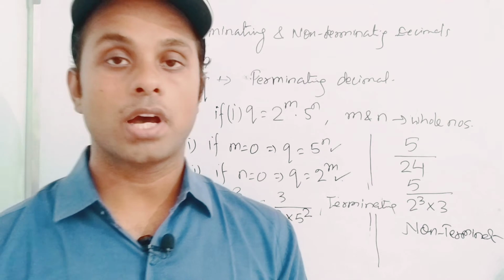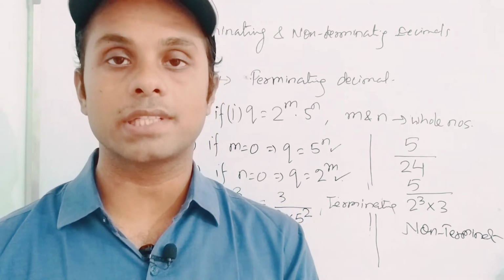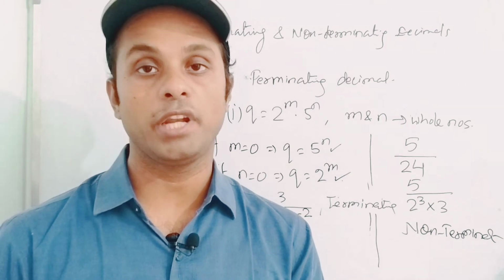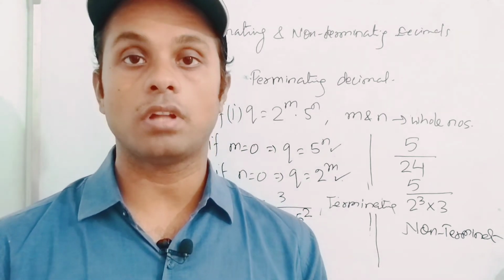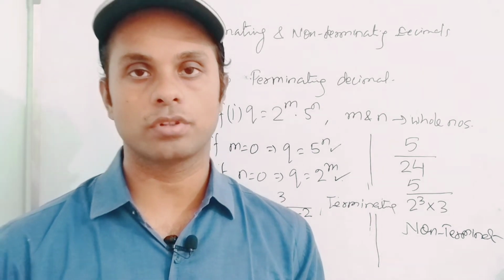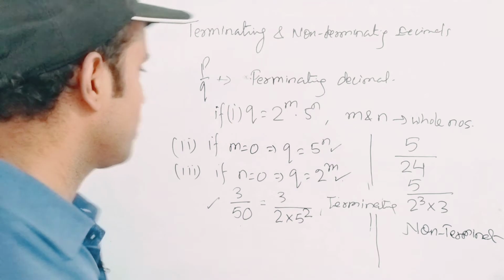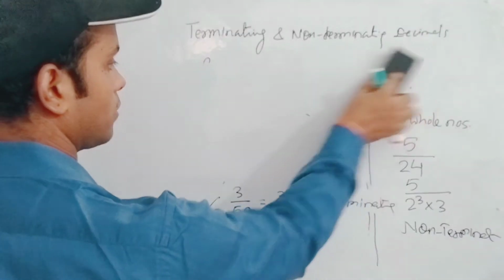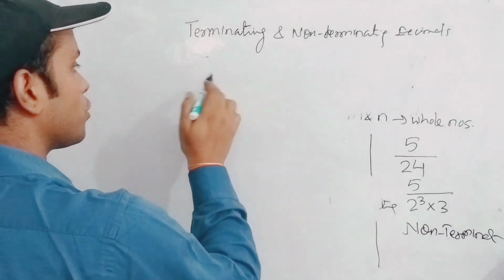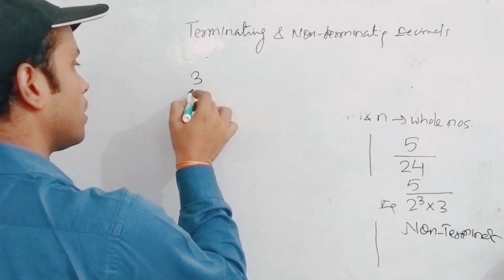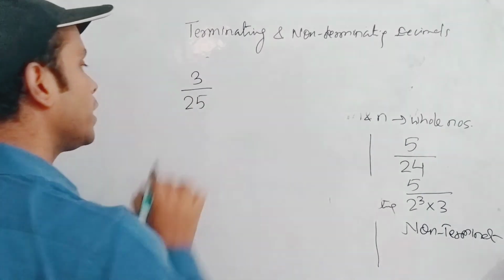Okay, now another thing, how to decide the number of digits in a terminating decimal, without long division. Look at this example, this is interesting. Suppose you are given a fraction 3 upon 25.